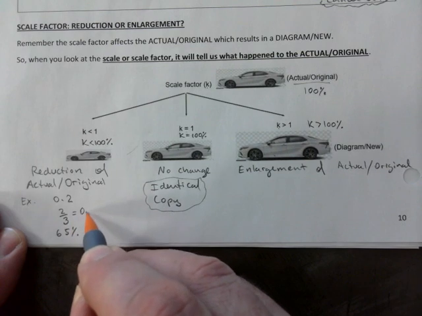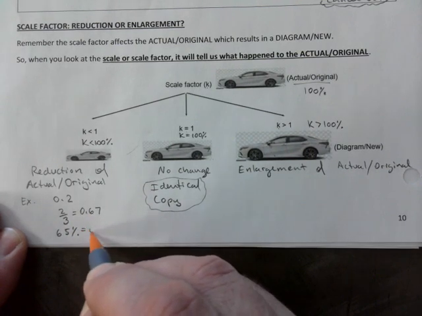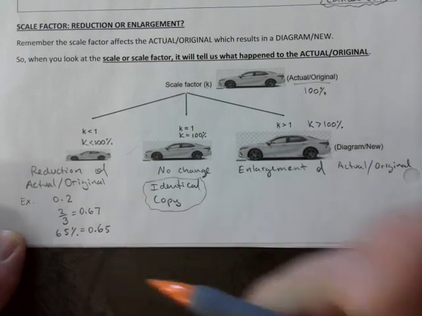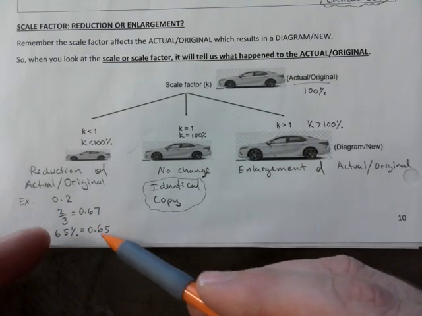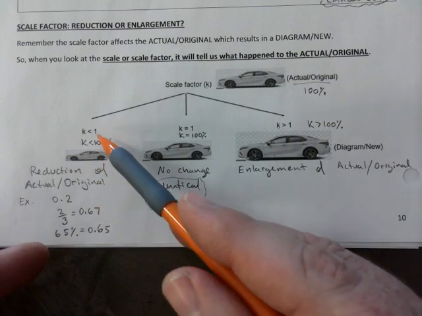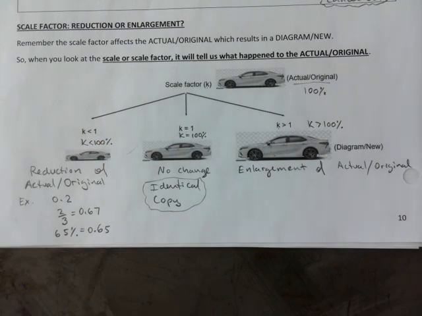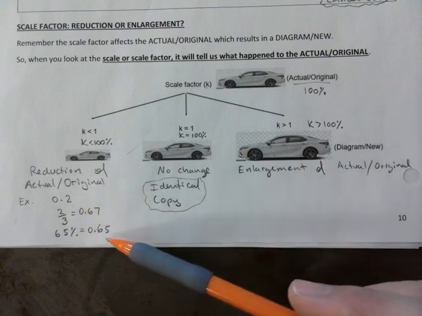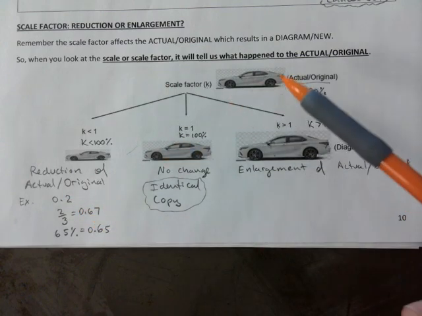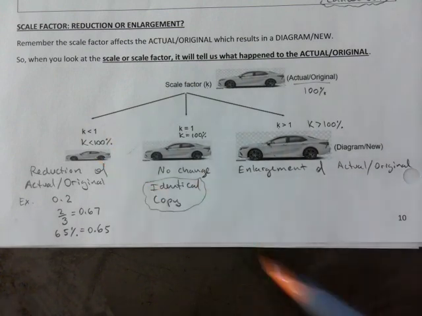This one is 0.67. This one is 0.65, right? So regardless of how you're given that, maybe perhaps it's easier to just turn that into a decimal and see for sure that k is less than 1. So any scale factors that look like this would end up telling you that the original has been reduced.